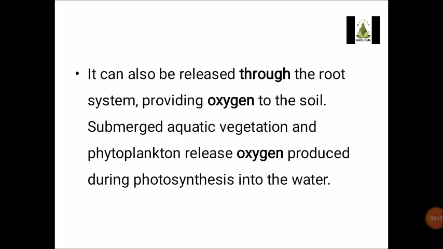Okay children, so this is the importance of the oxygen cycle, that it moves along all the four spheres of the earth, and helps in maintaining the proper functioning of all the different spheres of the earth. Okay students, hope you have understood.